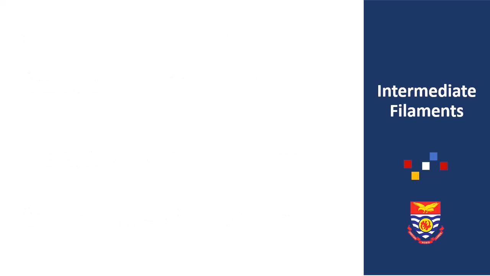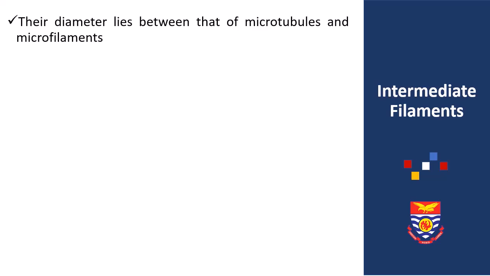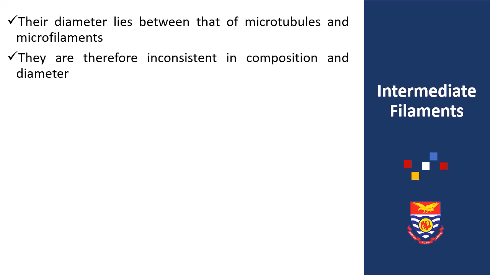The third protein fiber that makes up the cytoskeleton is the intermediate filament. The diameter of the intermediate filament lies between that of the microtubules and microfilaments, and their composition and diameter vary.